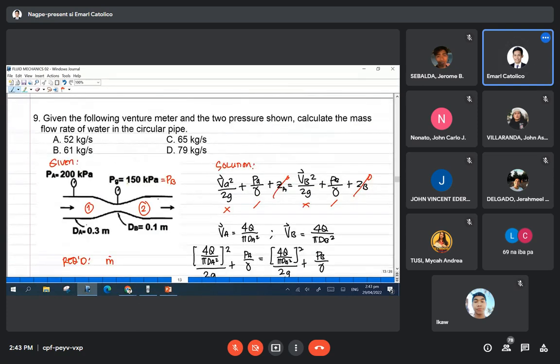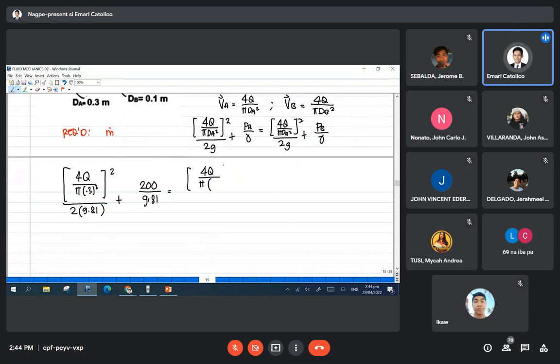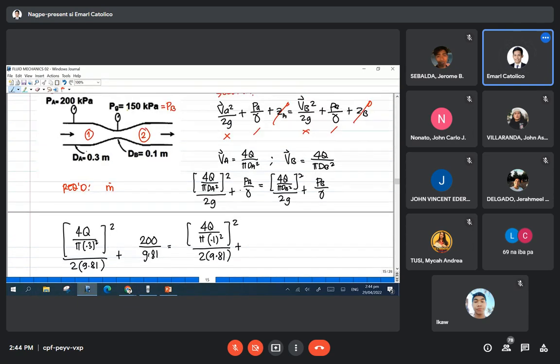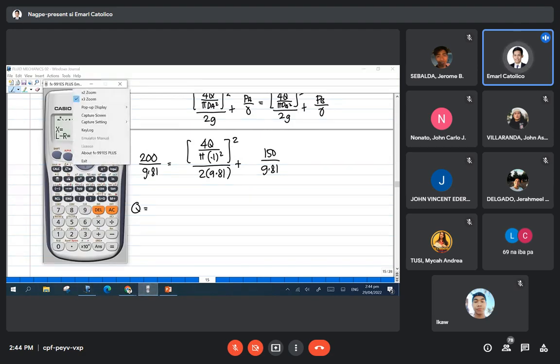Ano ba ang fluid dito? Water, no? So, gamma ng water, 9.81, is equal to 4Q over pi, diameter at B is 0.1, 0.1 squared over 2 times 9.81, then plus pressure at B is 150 over 9.81. So, makukuha natin si volume flow rate. So, pagsamahin natin yung may same denominator.